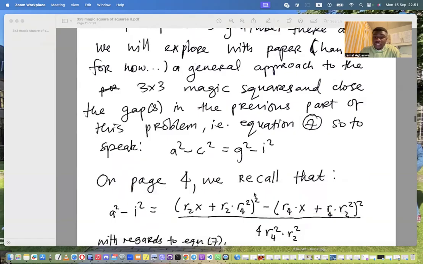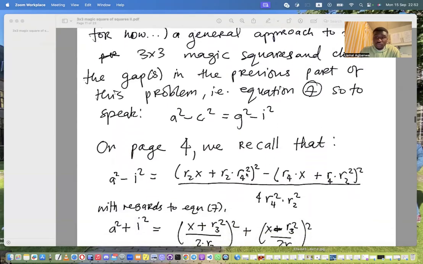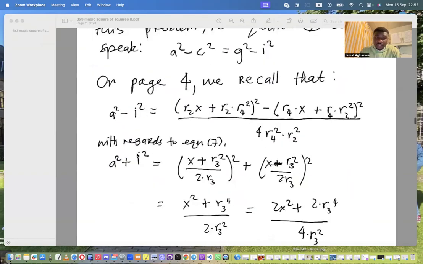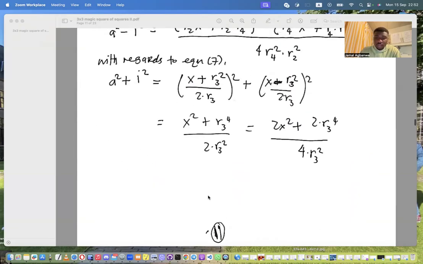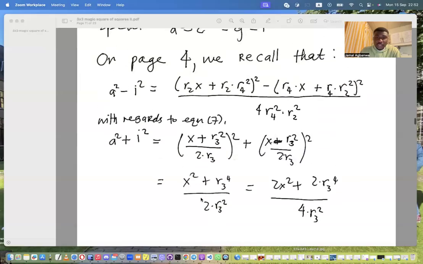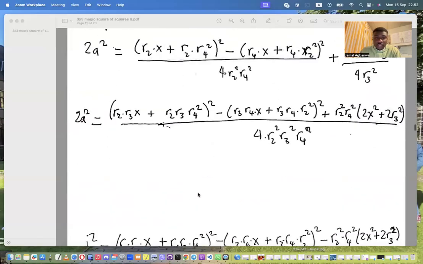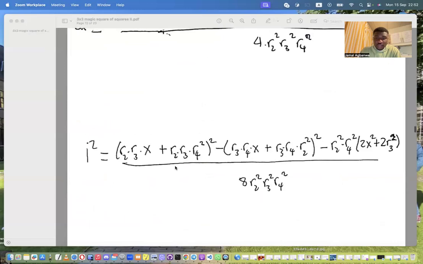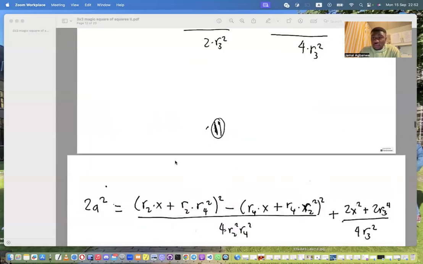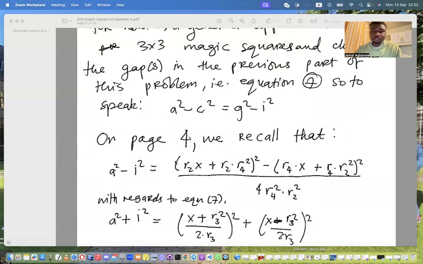On page 4, we had this equation, a squared minus i squared equals this. Then from equation 7, we had this particular equation, which we worked out. So we had this equation, that and that. And what is worth noting is something.